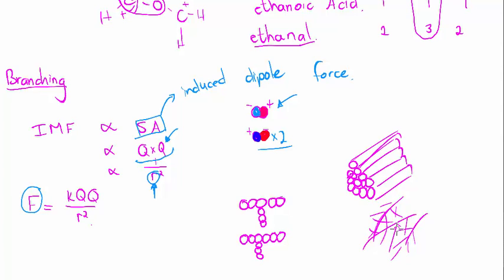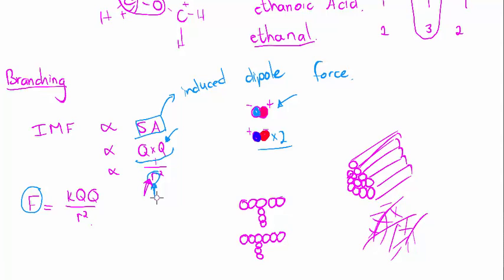It lowers the intermolecular force. Why? Because it increases the distance between the molecules. You increase the distance between molecules, the forces that exist between those molecules are smaller, and as a result, the kinetic energy needed to escape is less. So I boil at a lower temperature. Okay, does that make sense?